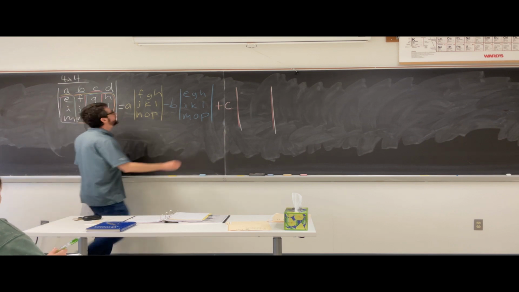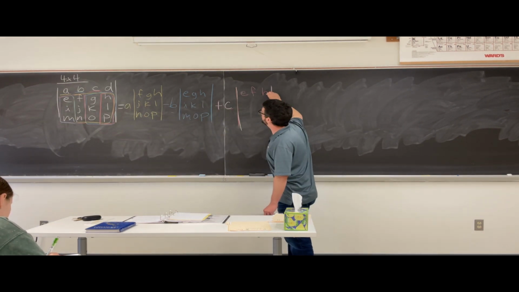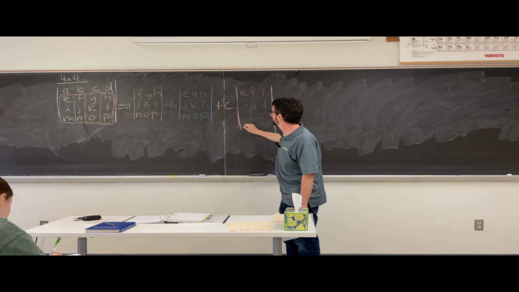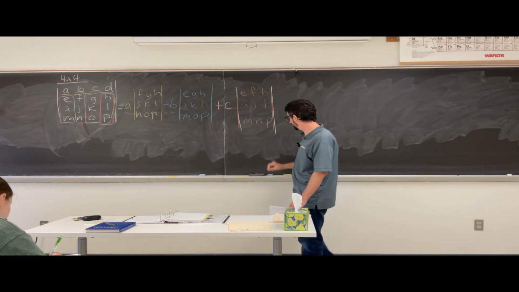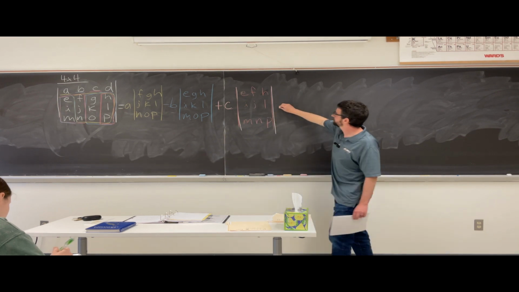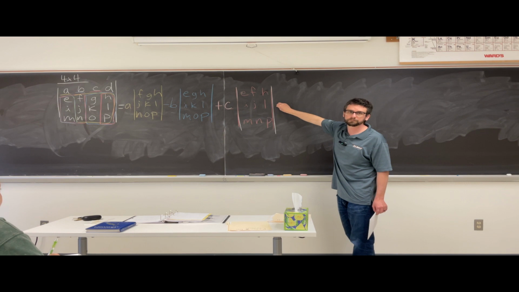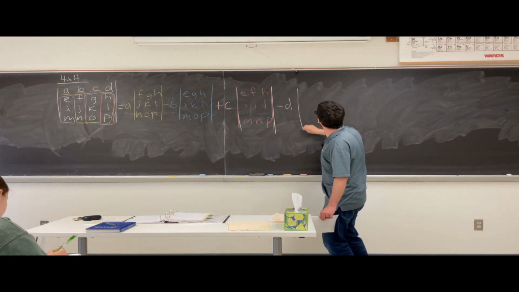Now we're getting complicated. E, F, H, I, J, L, M, N, P, and then for the last one, what do we got? D, oh, minus D. Yep, minus D.